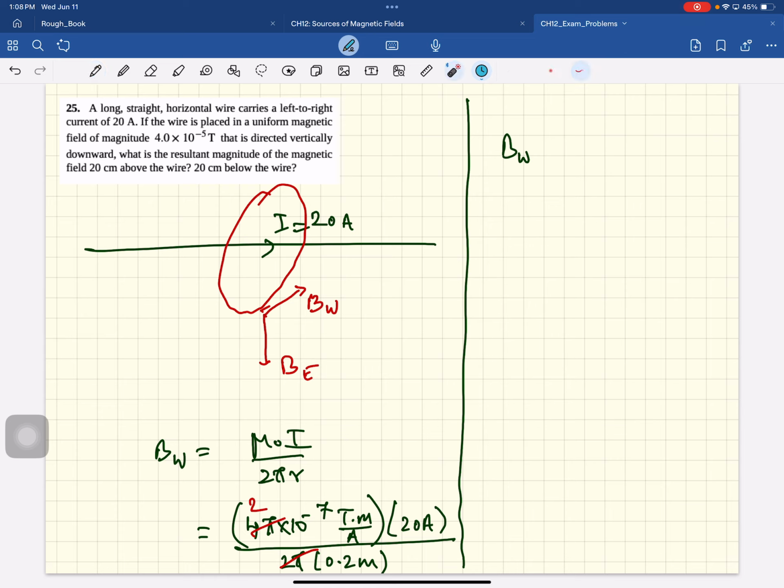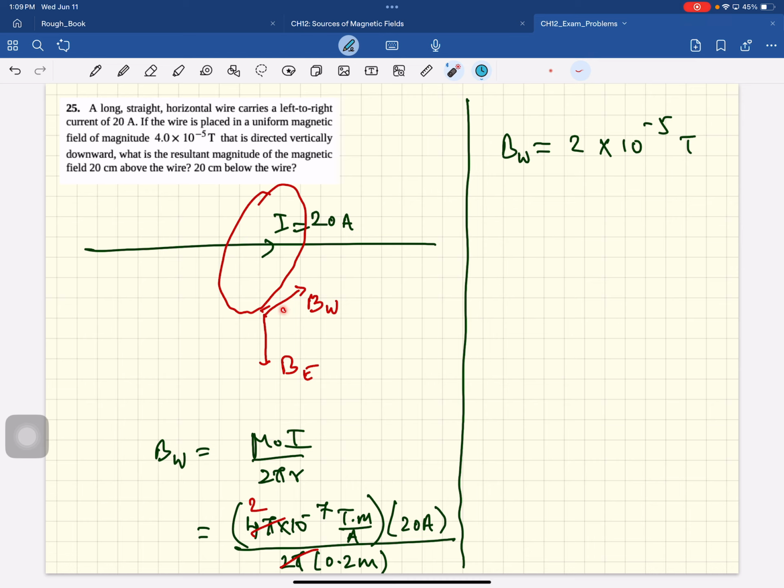So that becomes a 10, that's 200 amps. 200 times that makes it 2 times 10 to the minus 5. So it is 2 times 10 to the minus 5 tesla.